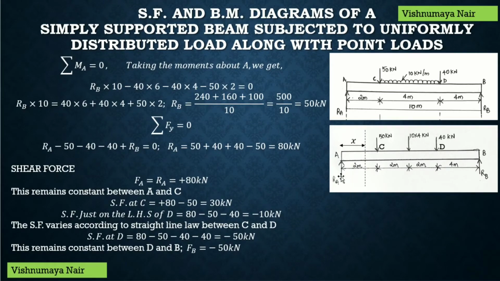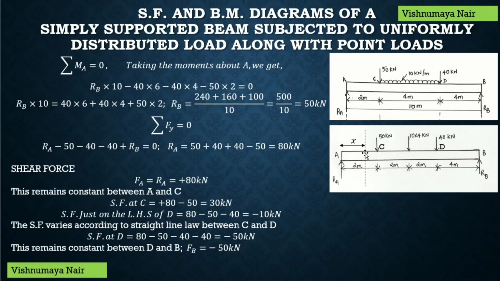So on the left portion of the section we have a reaction force Ra acting in the upward direction. And we know that shear force is equal to the algebraic sum of the forces acting on either the left portion or the right portion of the section. Here, since we have considered the left portion, it will be equal to the algebraic sum of the forces present on the left portion of the section. Here we have only one reaction force. So, the shear force is equal to Ra, and any force present in the upward direction on the left portion of the section is considered as positive.